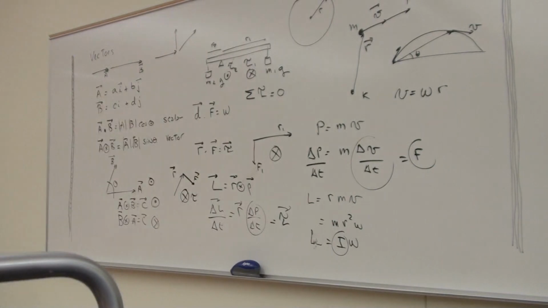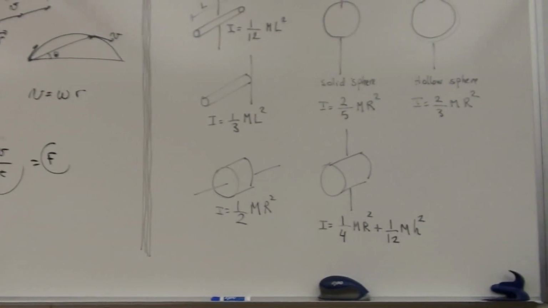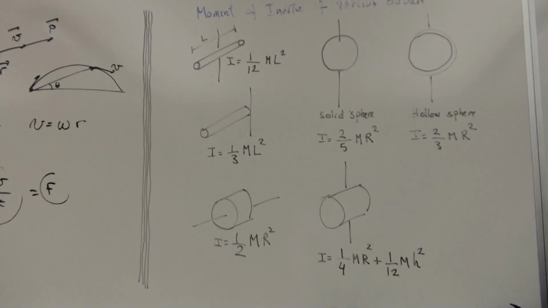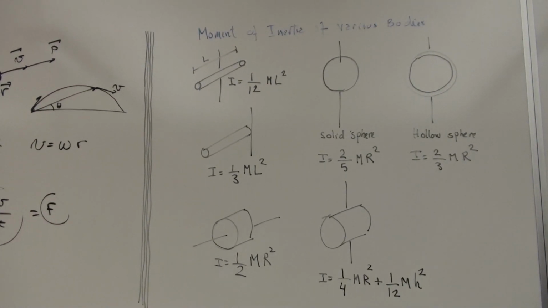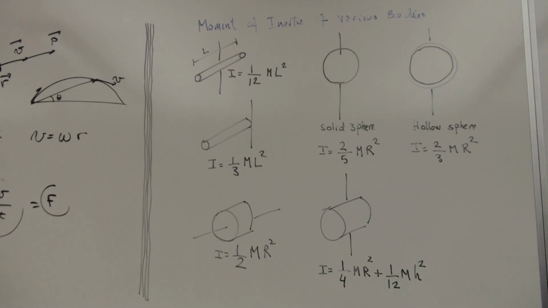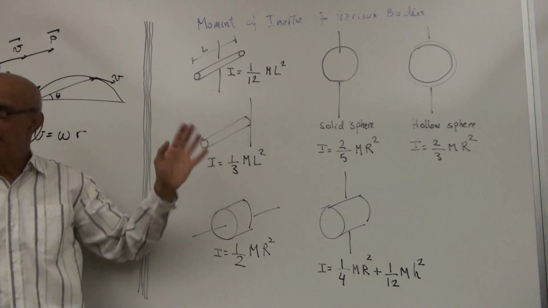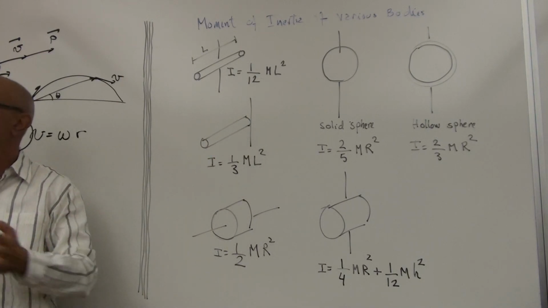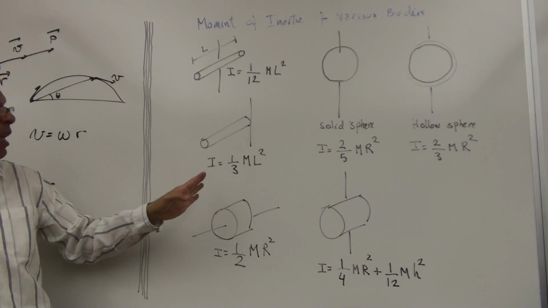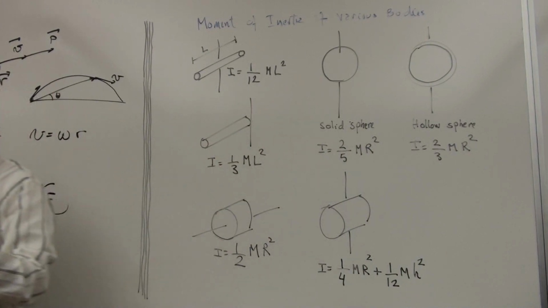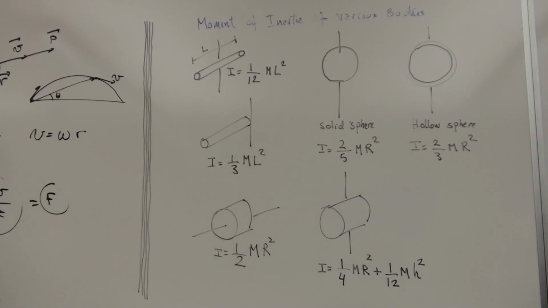Let me move the camera here to show those formulas. For bodies that have different shapes, the moment of inertia is all in tables. You don't need to memorize that. But for instance, the Earth or the Moon is spinning. Just by spinning on its own, it has a moment of inertia.